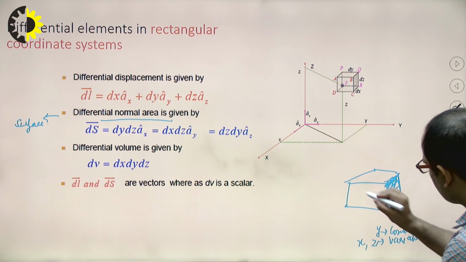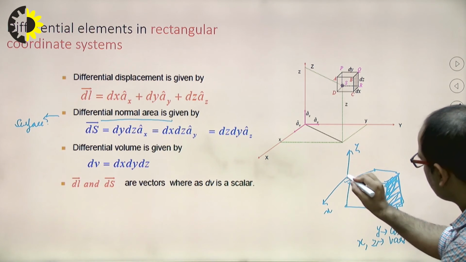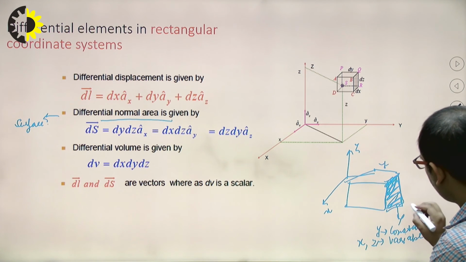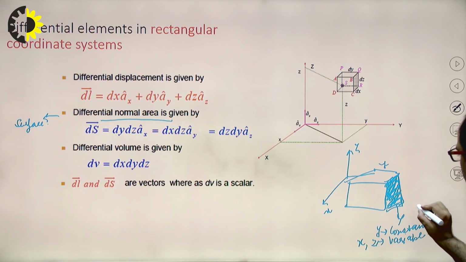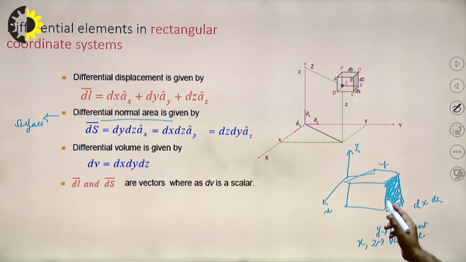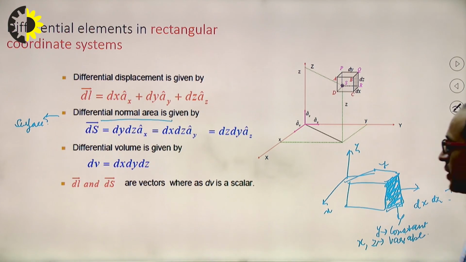You will observe that ds will be equal to, if this is z, x and this is y, the differential area of this one will be dx dz. Clear? And the unit vector will be in this direction, that will be a_y.